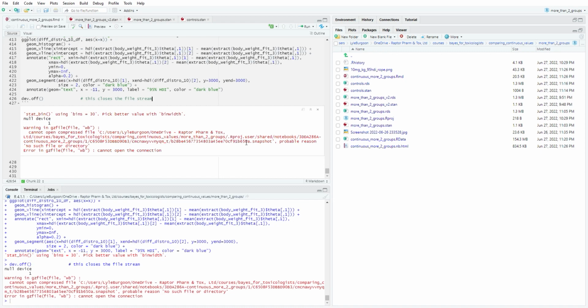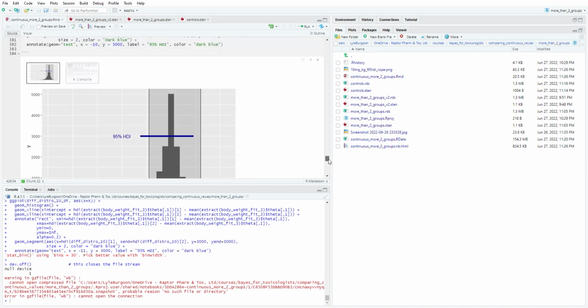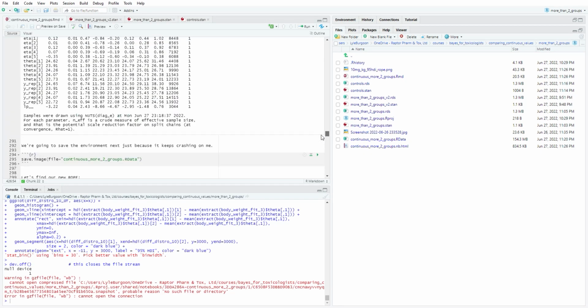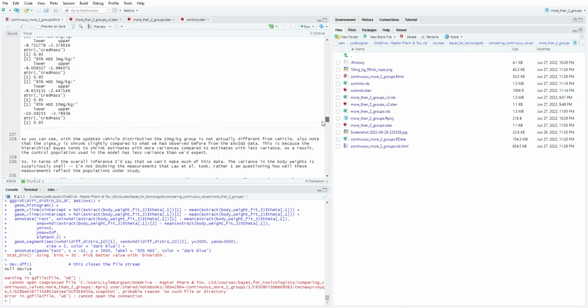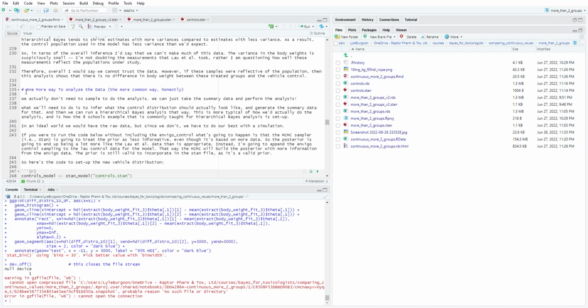That's how we do the more than two group type comparisons with continuous data. Again, like I said, the way we normally do it starts right here at line 235. I wanted to show you those other ways because they're a little bit more intuitive in terms of how you would do this, like in SAS or in R if you're doing a frequentist analysis.